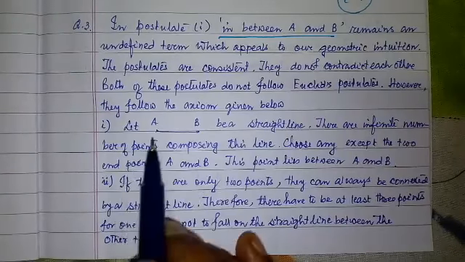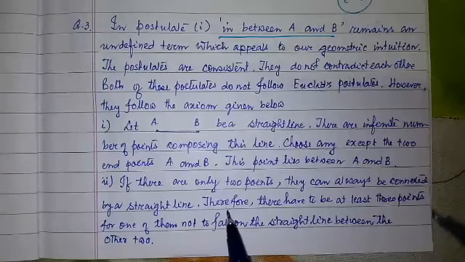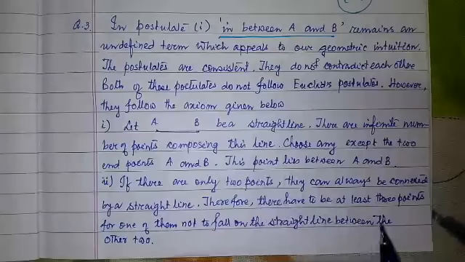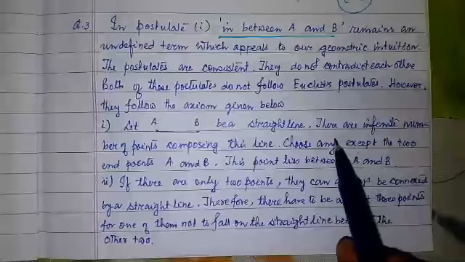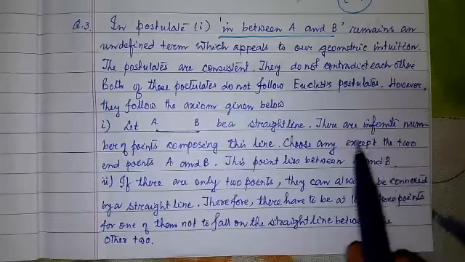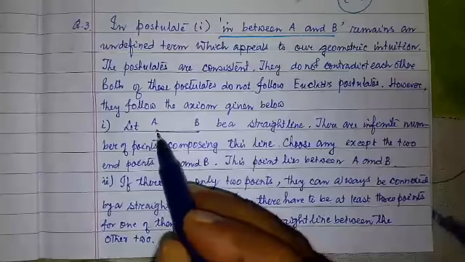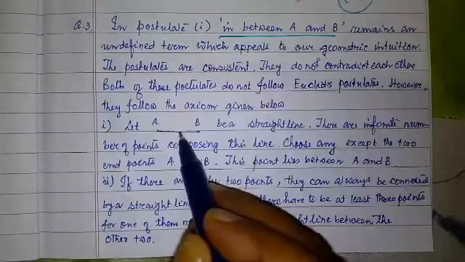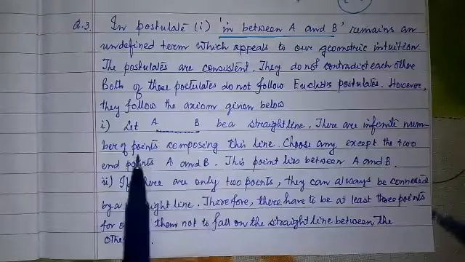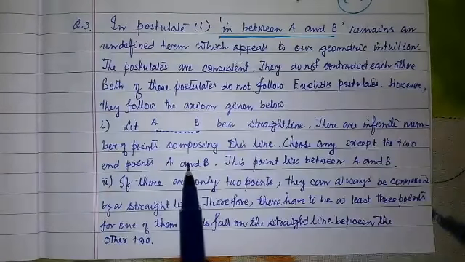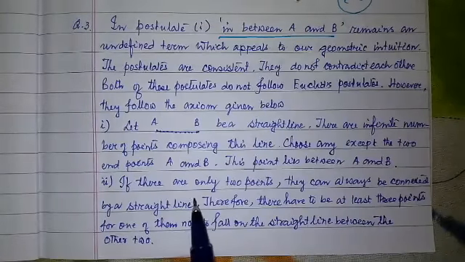What is the axiom? Let A and B be a straight line. There are an infinite number of points composing this line.